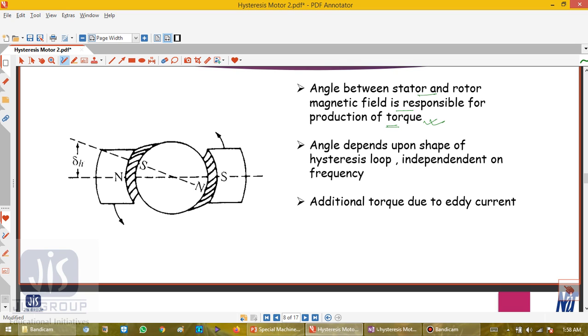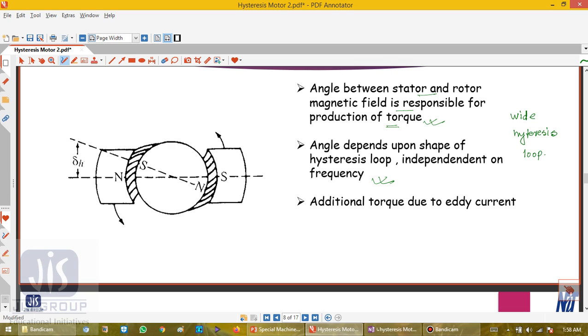Now the angle delta depends only on the shape of the hysteresis loop and it is independent of frequency. For this reason, a magnetic material having a wide hysteresis loop should be used. That's why we use cobalt steel, because cobalt steel has a wide hysteresis loop.